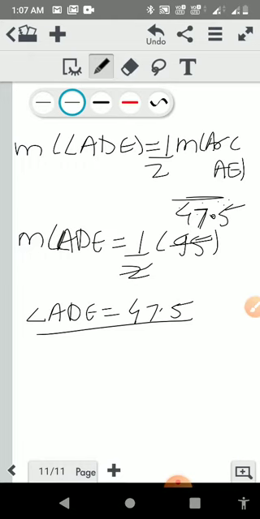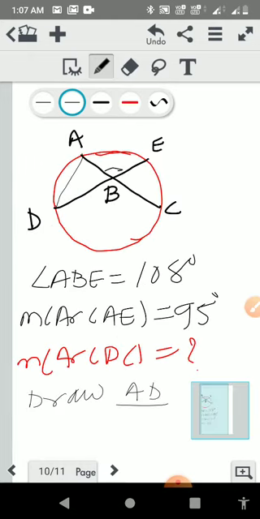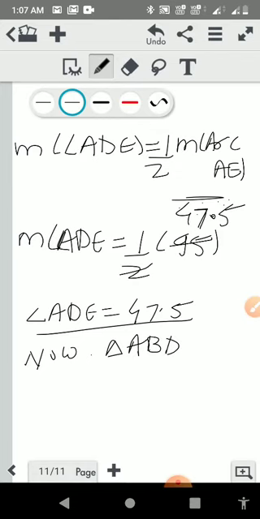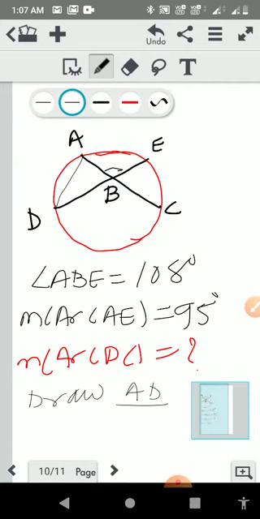Now I am going to consider triangle ABD, the complete triangle ABD. In this triangle, angle ABE is an exterior angle. See the diagram.